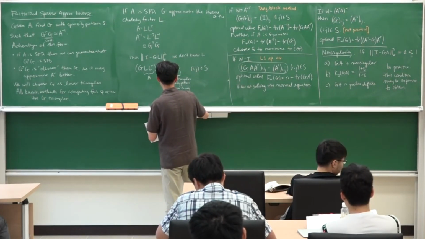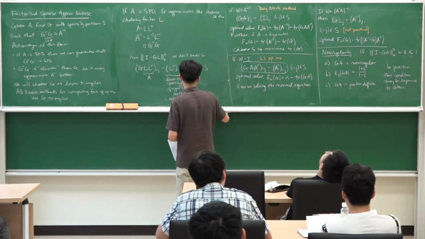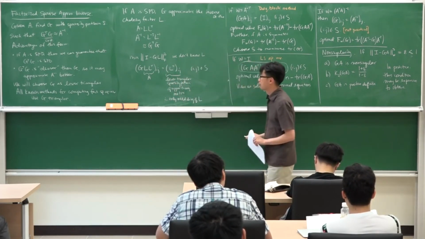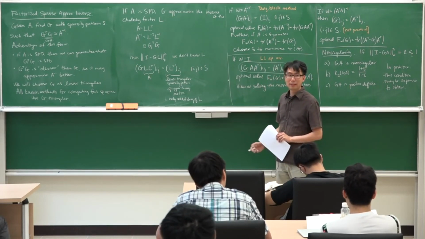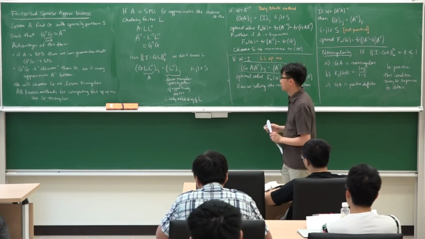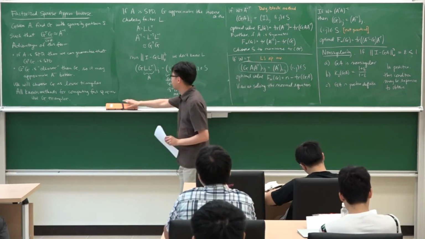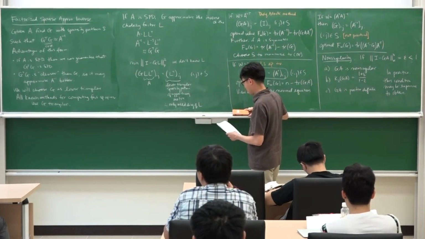Therefore, we only need the diagonal of L. Okay, so we need less and less of the Cholesky factor. We don't know the diagonal of L either, but we're going to do something to try to get around that problem as well.